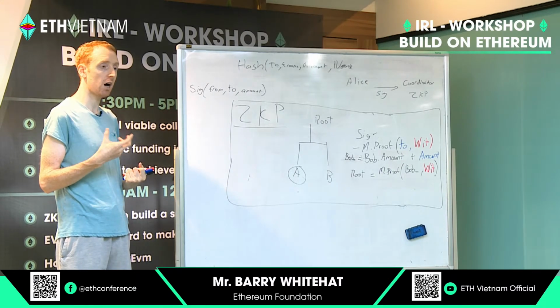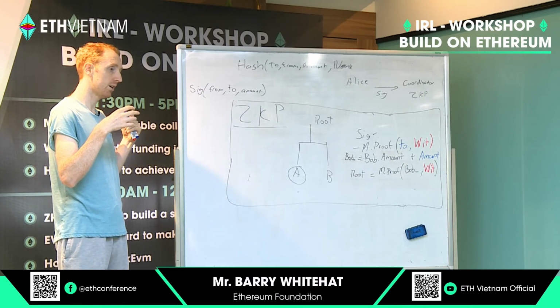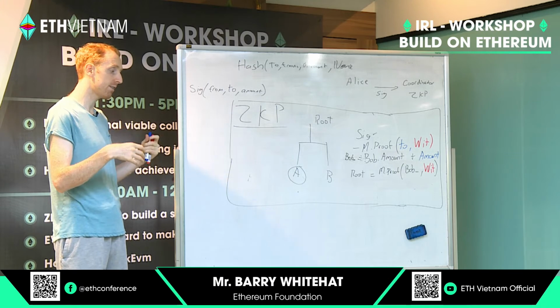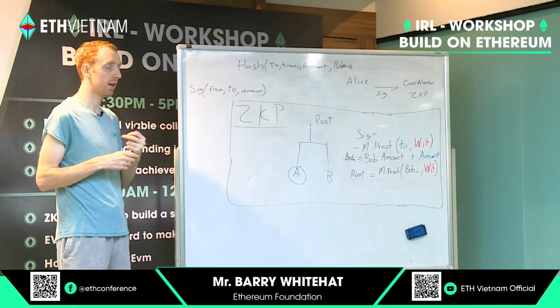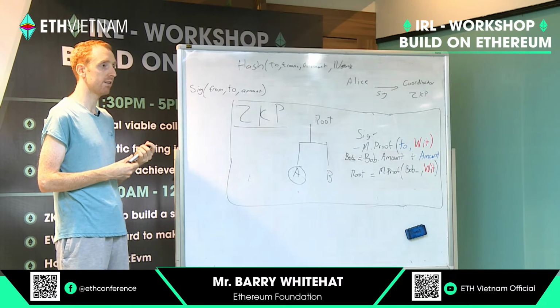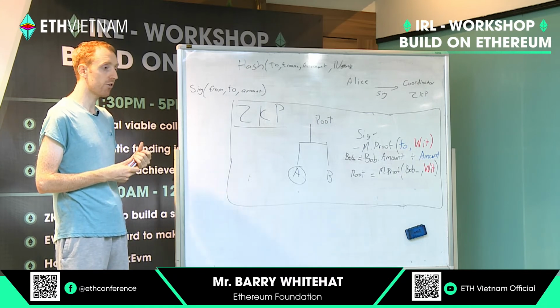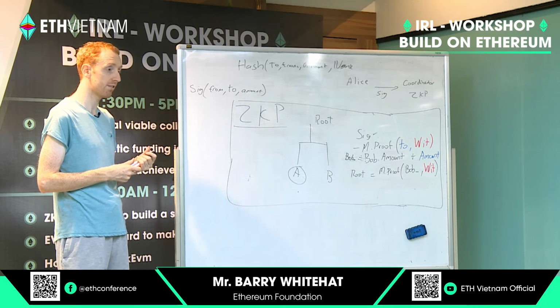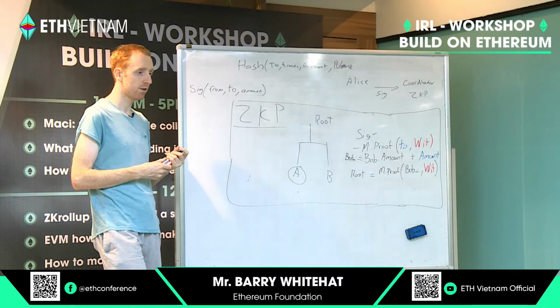Because the ZKP doesn't operate by itself. It's actually used by the prover. The ZKP on its own is not a ZK rollup. We need to interface with a smart contract. And the smart contract needs to be aware of some of the things that are happening inside the system. So what kind of things does the smart contract need to be aware of?